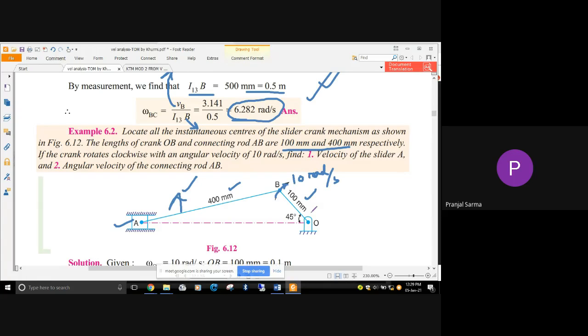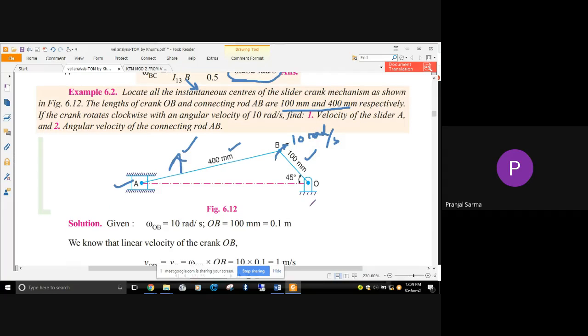So we are going to first draw the slider crank mechanism configuration diagram. Next, for this link OB, omega of OB is given as 10 radian per second, and the length of link OB is given as 100 millimeter, that is 0.1 meter.